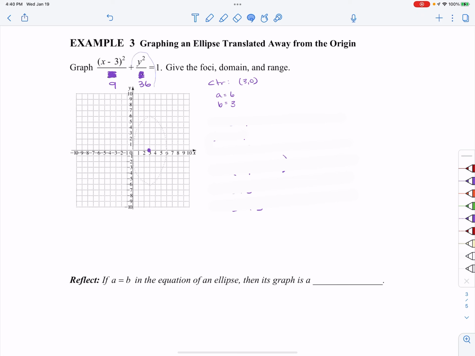Since my larger denominator is under the y's, this guy is going to be a vertical ellipse. And so we can go ahead and draw our ellipse. So from the center, we're going to go up 6 and down 6. And from the center, we'll go right and left 3.